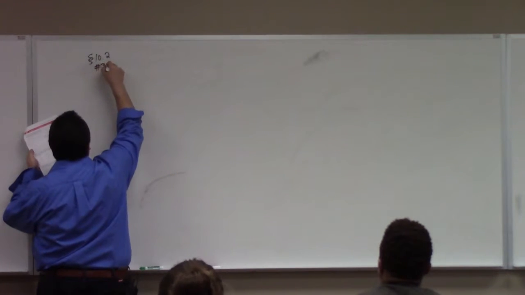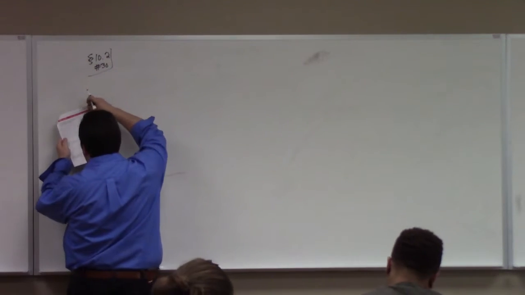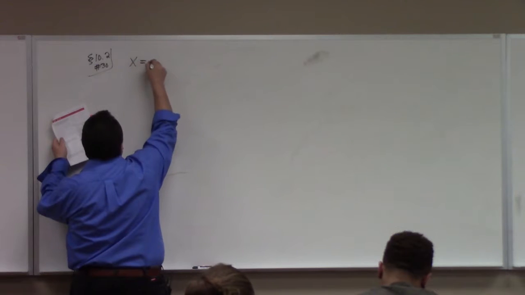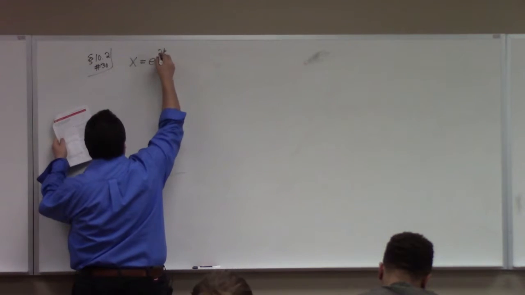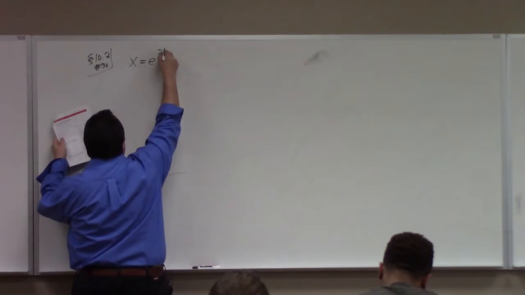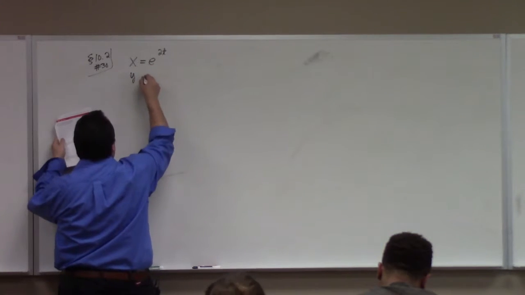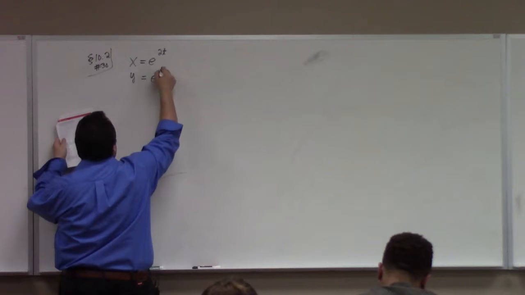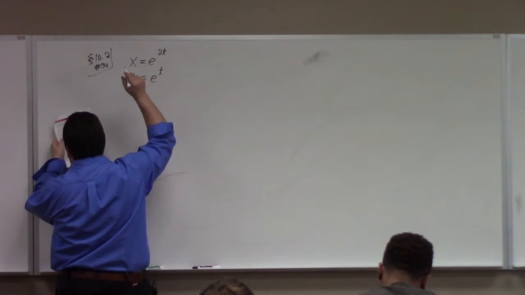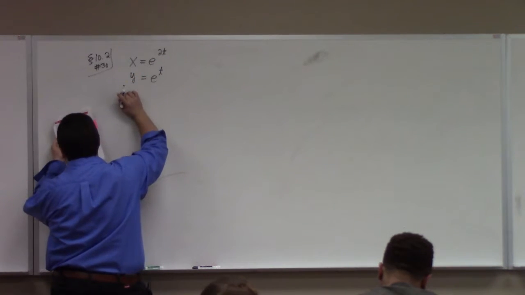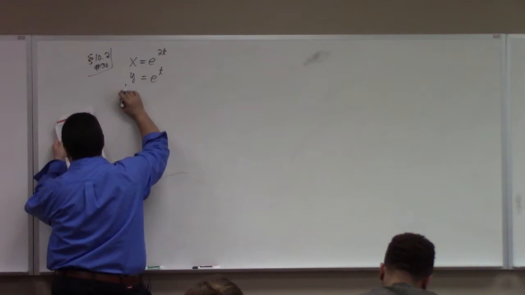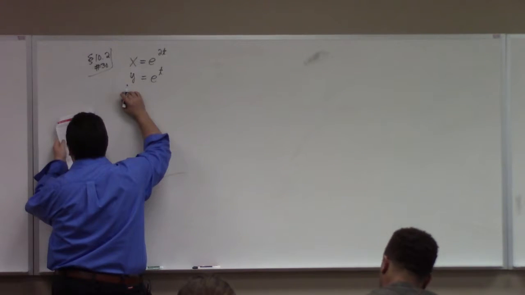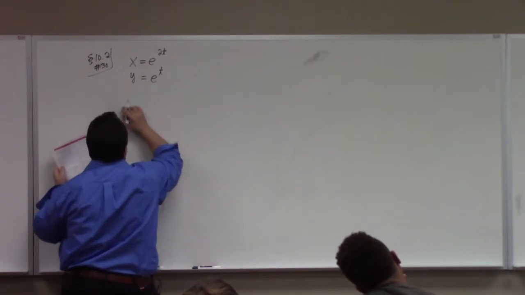For you guys, we have x equals e to the 2t, and y equals e to the t. It says use a graphing utility to graph the curve represented by the parametric equations, indicate the orientation of the curve, eliminate the parameter, and write the corresponding rectangular, sorry, Cartesian equation.